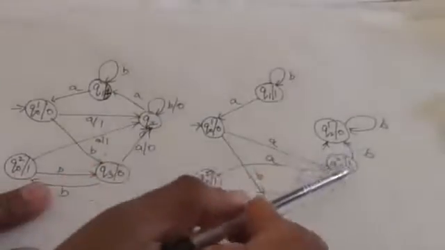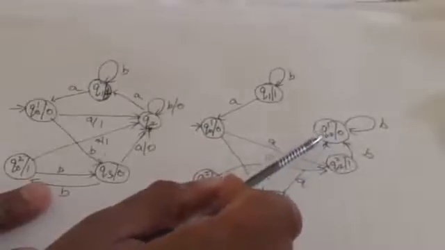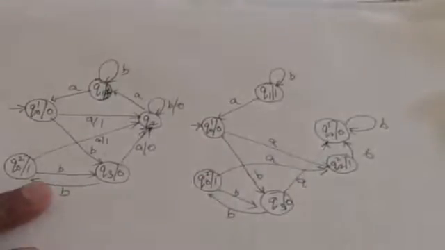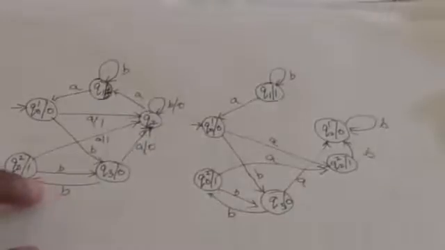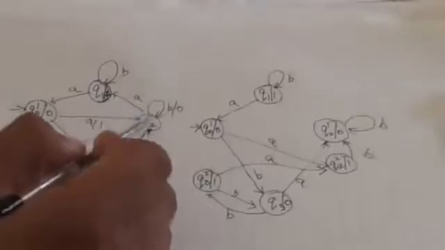So there must be an edge from Q2 state to this state, which is associated with output symbol 0. Now see its outgoing edge. It has only one outgoing edge, that is to state Q1.